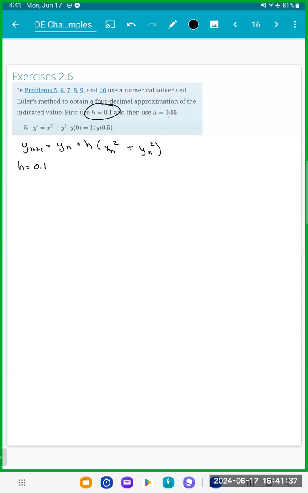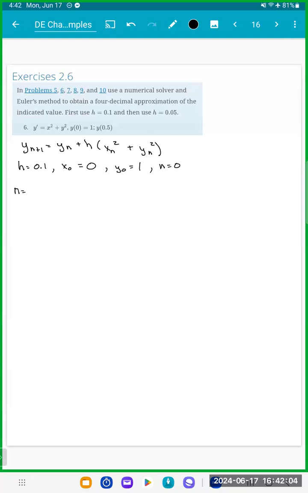We're going to do it for 0.1 and then we'll do it again for 0.05. We know that our x sub 0 is equal to 0, and our y naught, our initial y that we were given, is 1, and we get that from here. And we're starting out with n equal to 0.